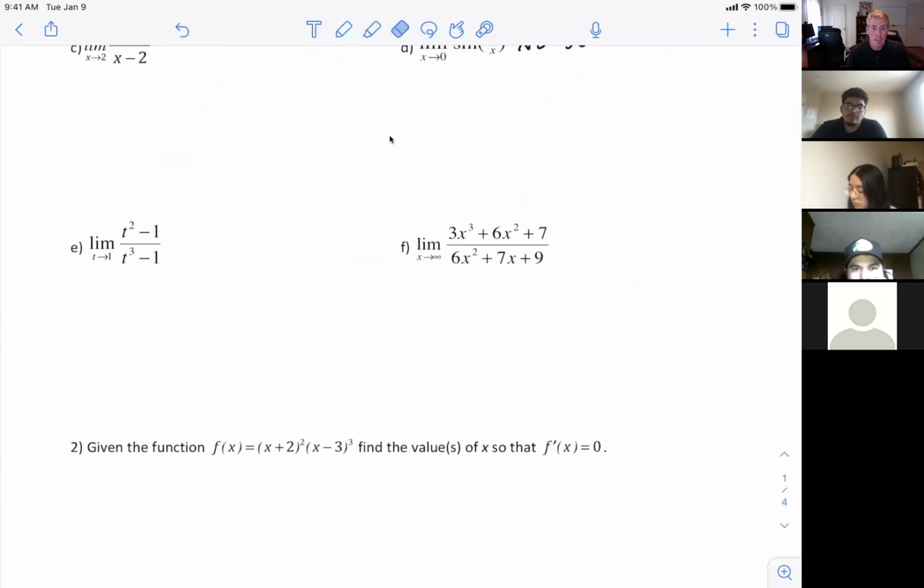How about part E? Could we use L'Hopital's rule on that one? What happens if you plug in a 1? It would be 1 squared minus 1 and 1 cubed minus 1, which gives you 0 divided by 0. So for this one, we could use L'Hopital's rule.